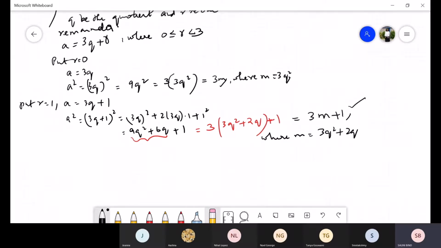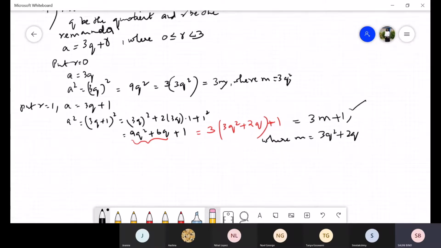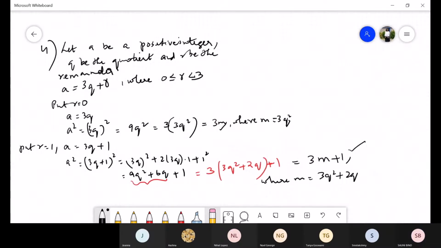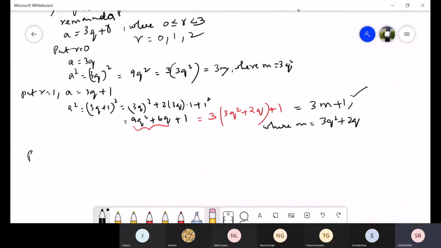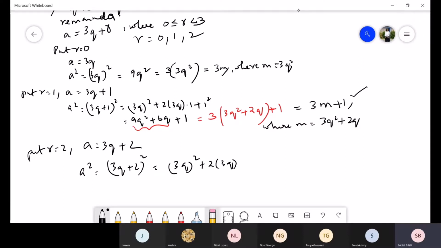Now what is left? We have remainders 0, 1 and 2. So we have to try the next one also. Put r equal to 2. So a will be 3q plus 2. Now square it, so it becomes 3q plus 2 the whole square, that is a square plus 2ab plus b square.